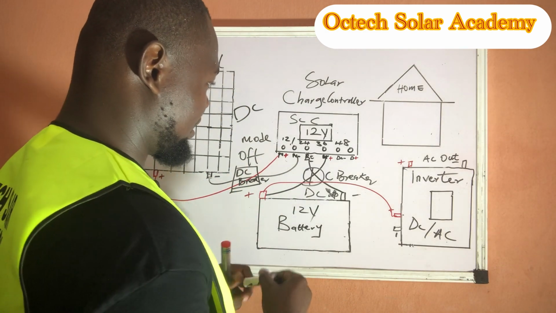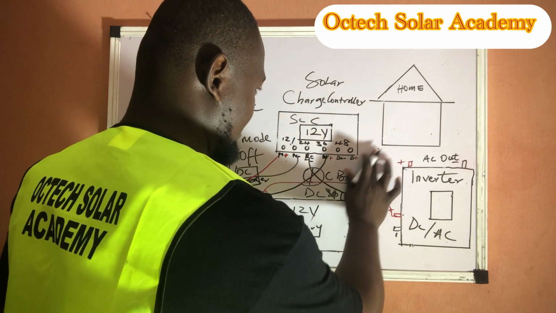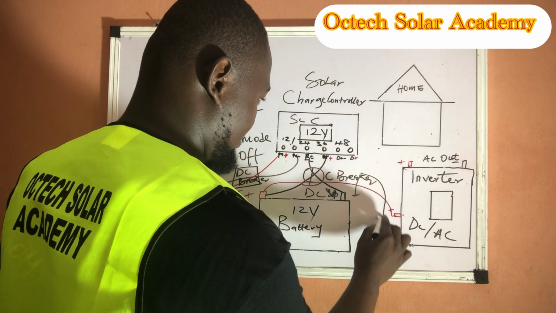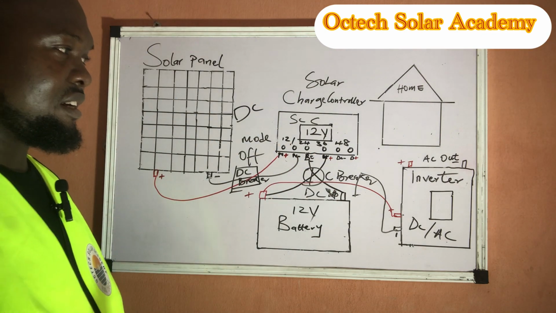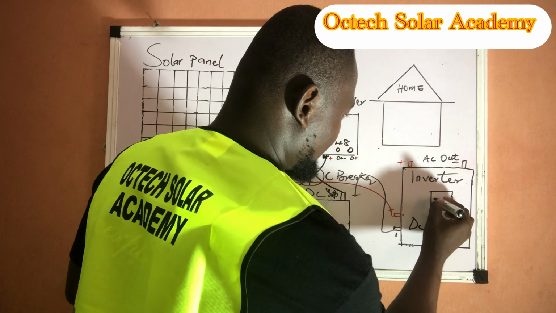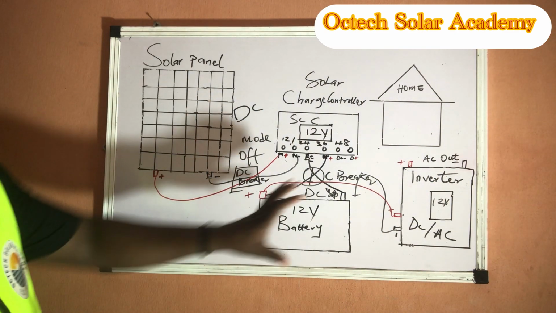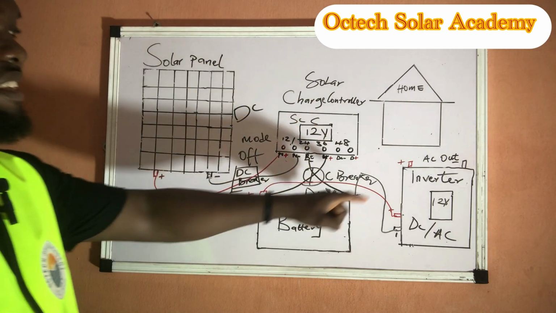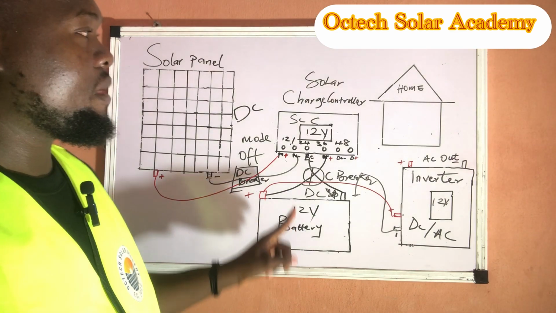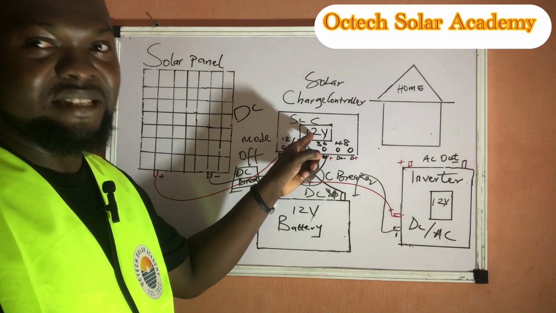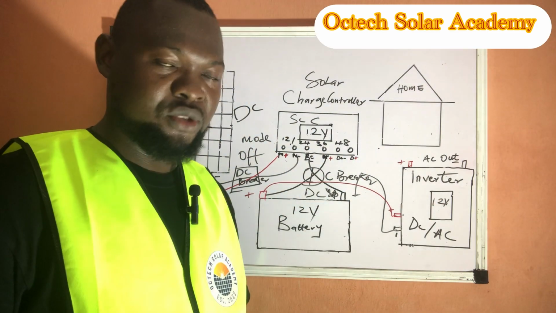That is our inverter. We've connected the negative and positive of our inverter now. This is a 12 volt inverter. Remember, all this must be on 12 because the inverter we're using is 12 volts. The battery we are using is a 12 volt battery, the charge controller senses 12 volts, and our inverter is equally 12 volts.